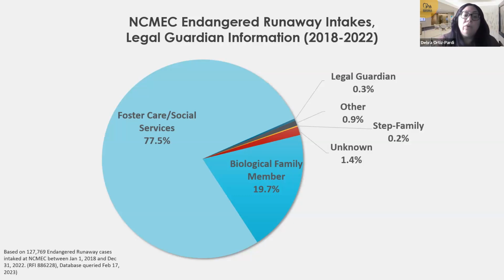Those runaways were missing from foster care, social services, some sort of placement. So we often refer to these types of cases as children missing from care. And we saw a really big increase in these reports after a law was passed called the Preventing Sex Trafficking and Strengthening Families Act of 2014.